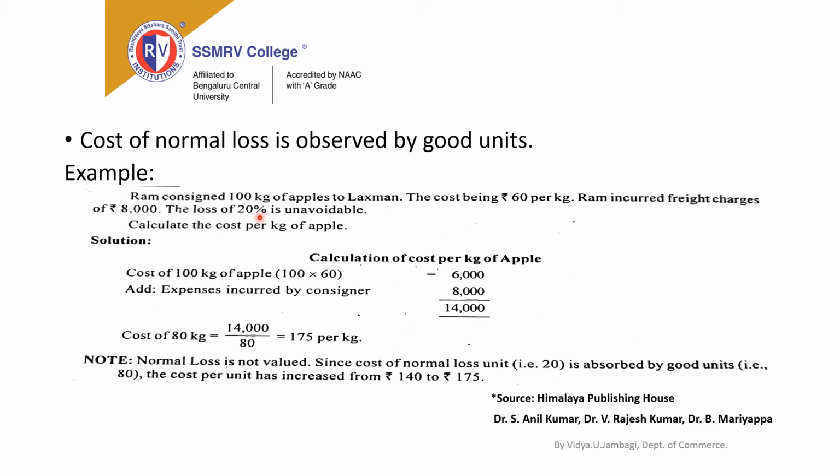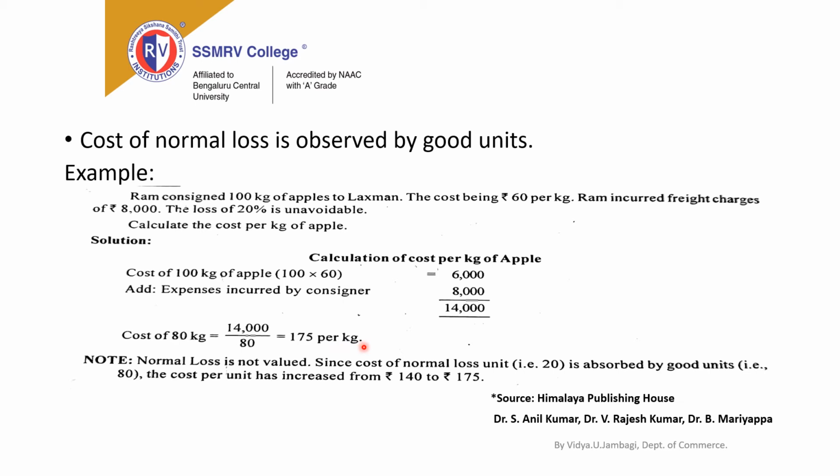I cannot distribute the total cost over 100 kgs because out of 100 kgs, 20 kgs is lost. Only 80 is left, so 80 is the good units. So 14,000 divided by 80 kgs, that means rupees 175 per kg.